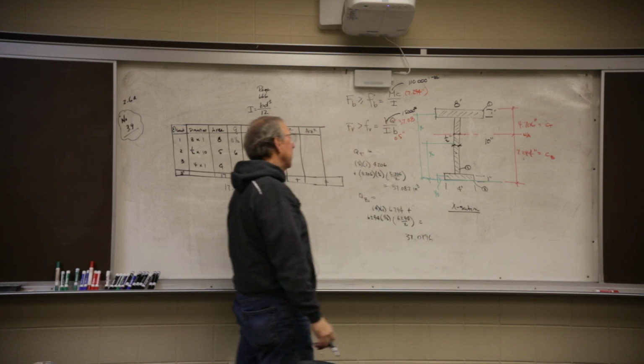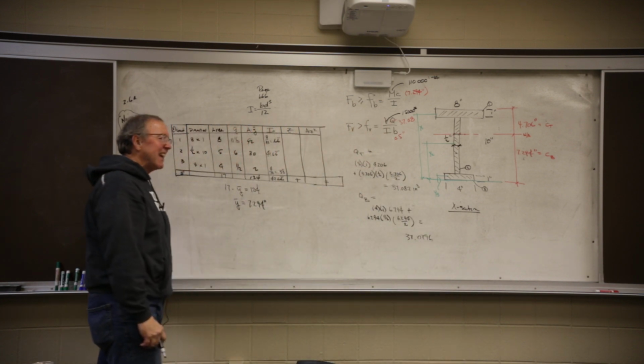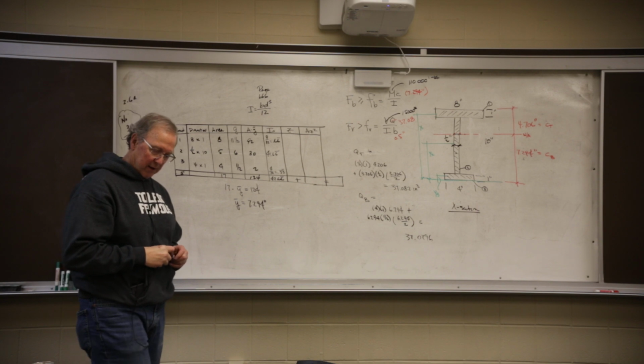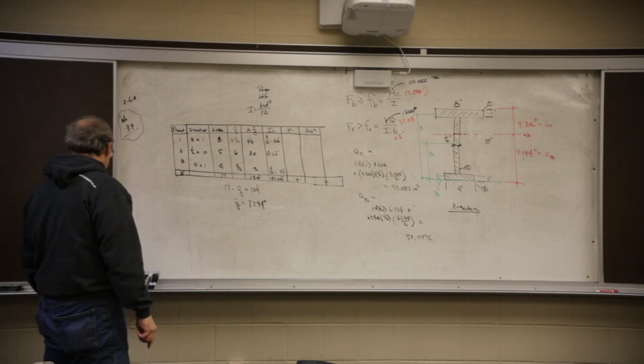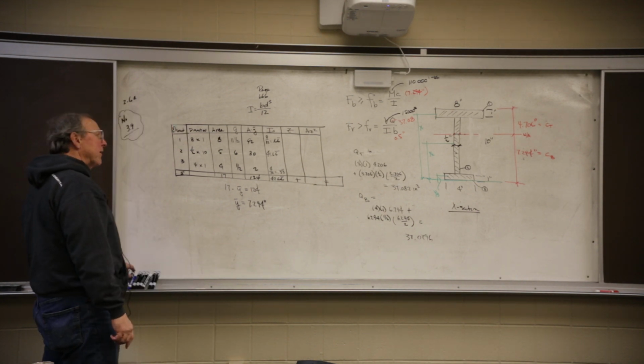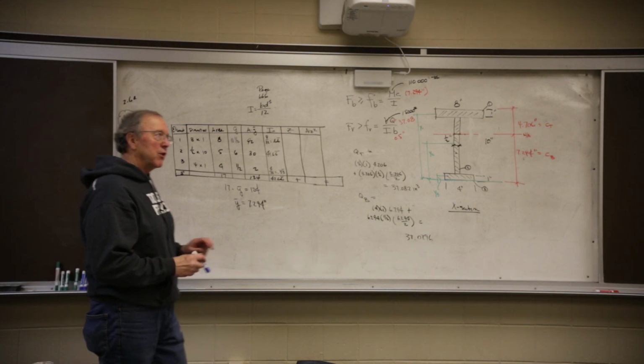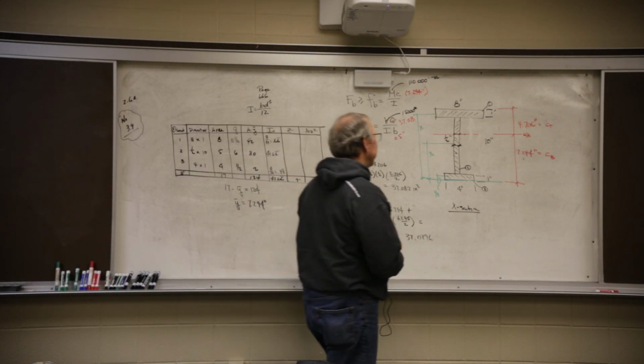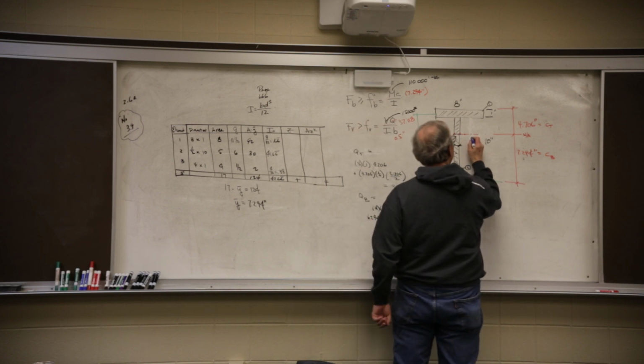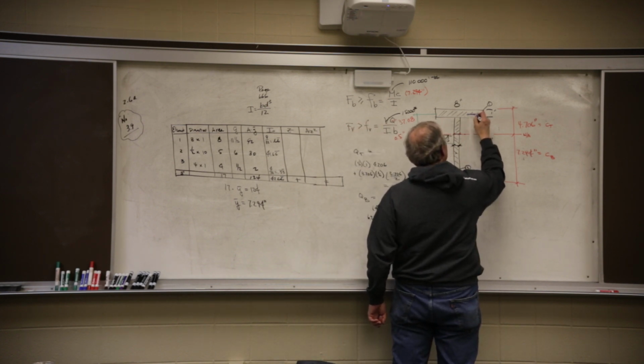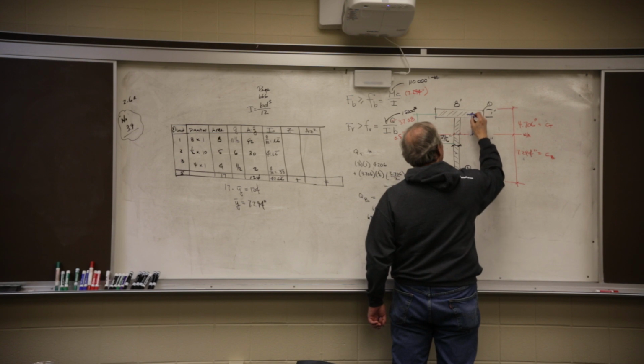Okay, let me tell you what Z is. Z is the dimension that goes from the neutral axis of the system to the neutral axis of the element. So here's the neutral axis of the system. Here's the element, so there's Z1.